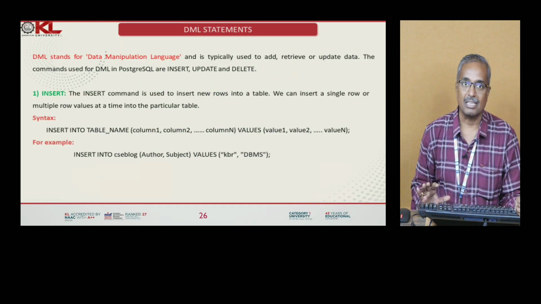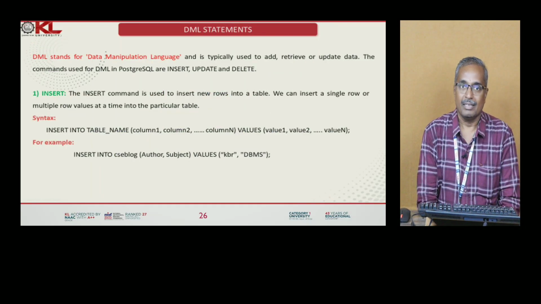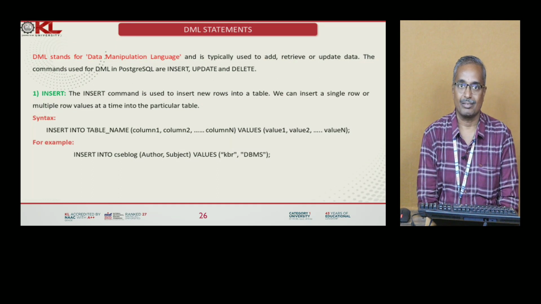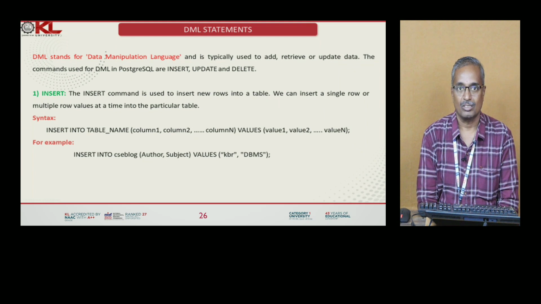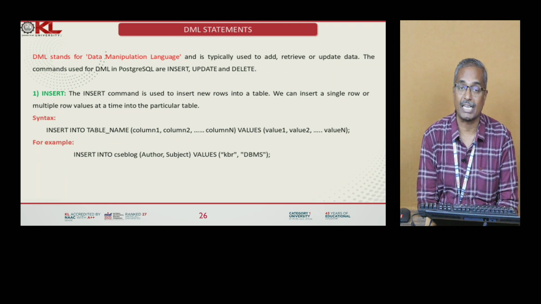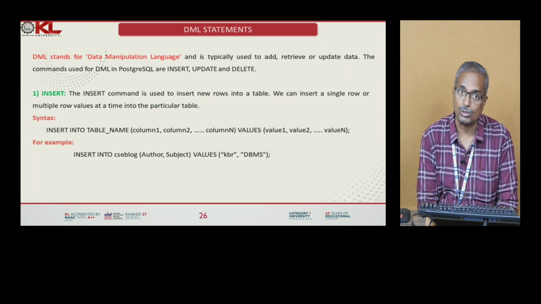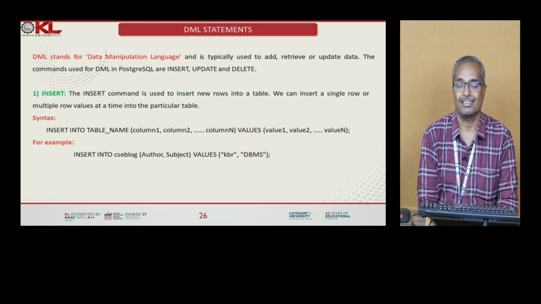Okay. The next one, DML statements, that is nothing but data manipulation language. So in the beginning of the session I told you the total statements of PostgreSQL are classified or grouped into 5 categories.